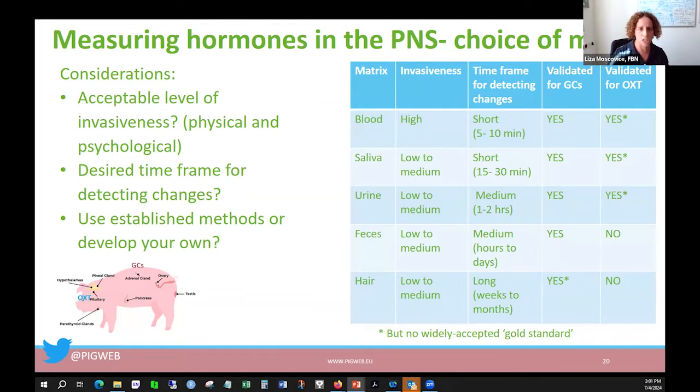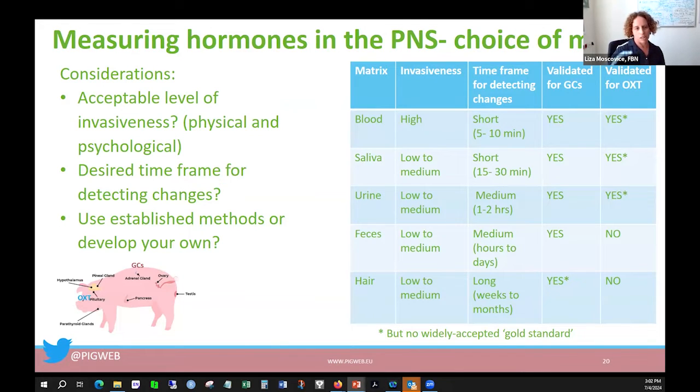But in general, you can measure very quickly changes in the physiology. In contrast with urine or feces or hair, you're measuring concentrations of hormones that have accumulated over more time, from a few hours to even a few weeks. So you want to think about the time frame. So these might be better if you're looking at more long-term measures like mood, where blood and saliva are good for really short-term emotional assessments.